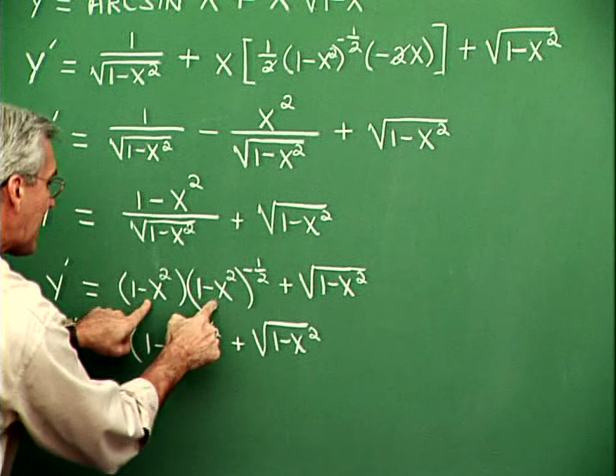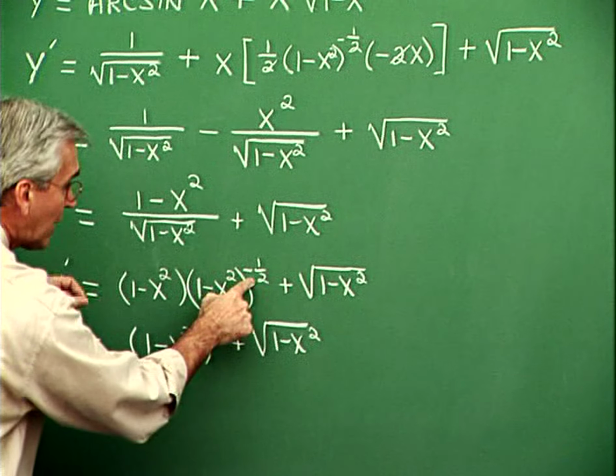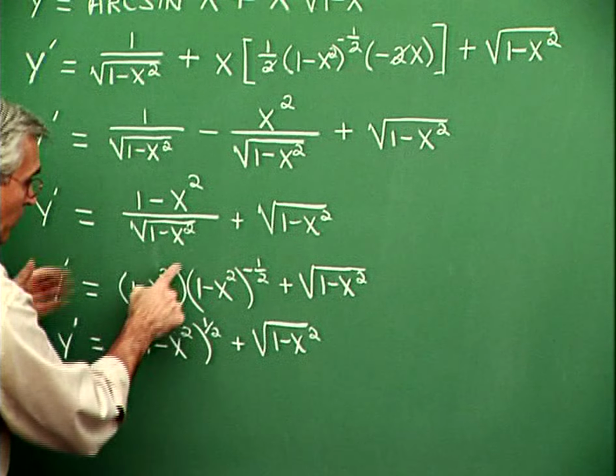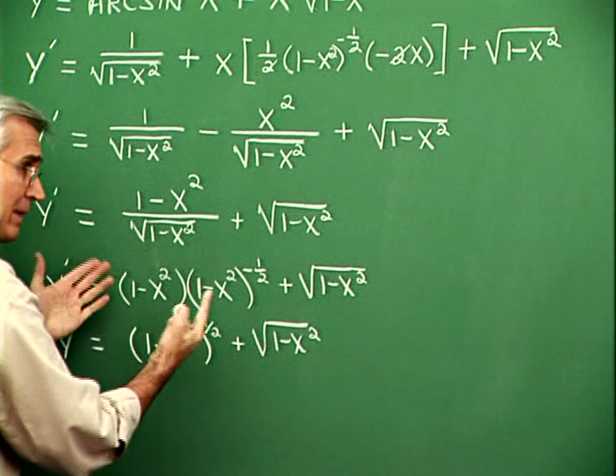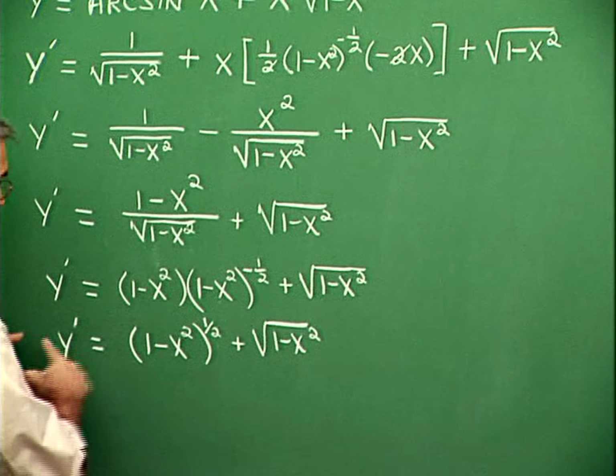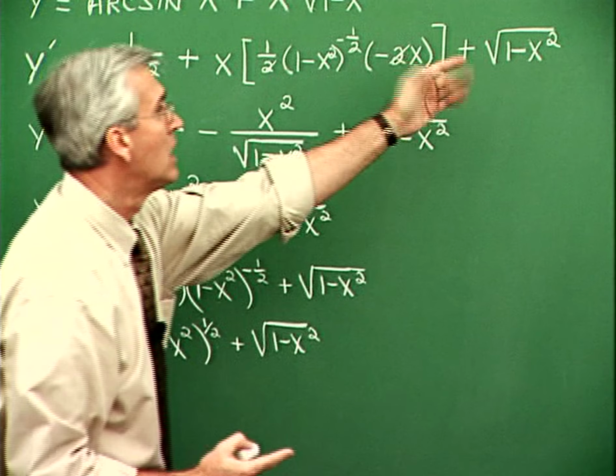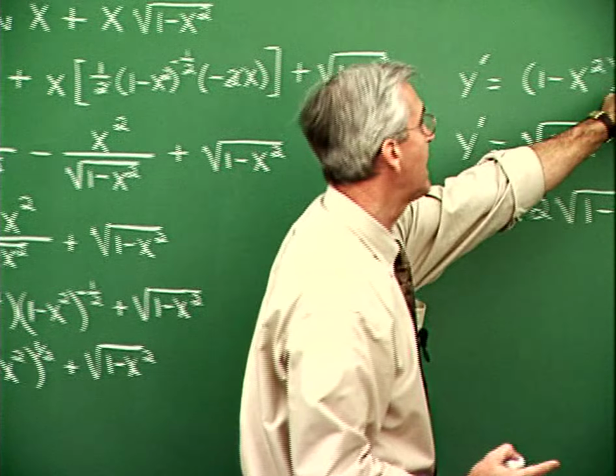Now we have the bases here alike, and the exponents, negative 1/2 and 1. When we multiply like bases, we add the exponents, so this is 1 minus 1/2, which is 1/2. So it's this base to the 1/2 power. All right, we're making a little progress here. So now this, well, let's take this step and continue it up here. All right, this is the same step we had at the bottom over there.